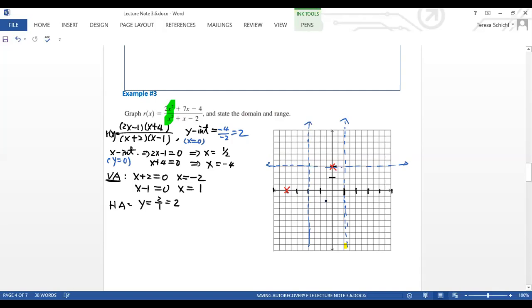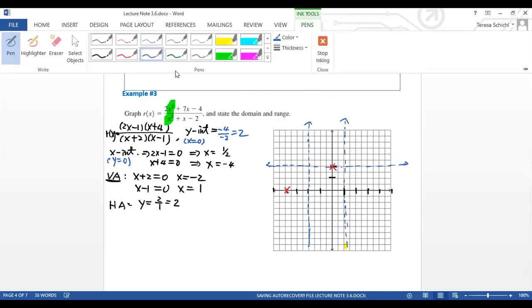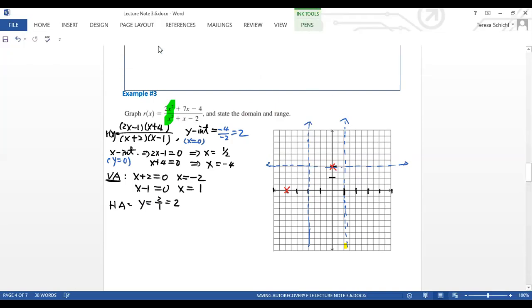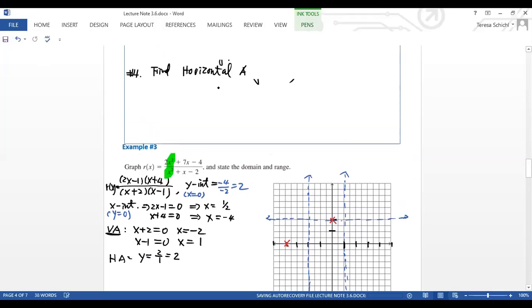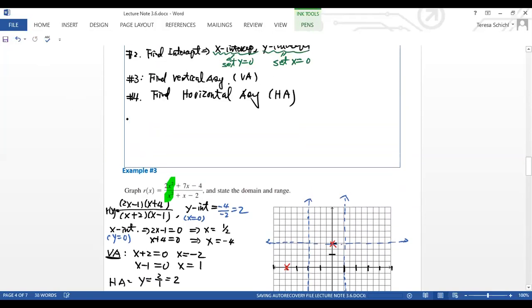Okay, and now I can start to sketch the graph. This is step number 5 here. Now I sketch the graph.